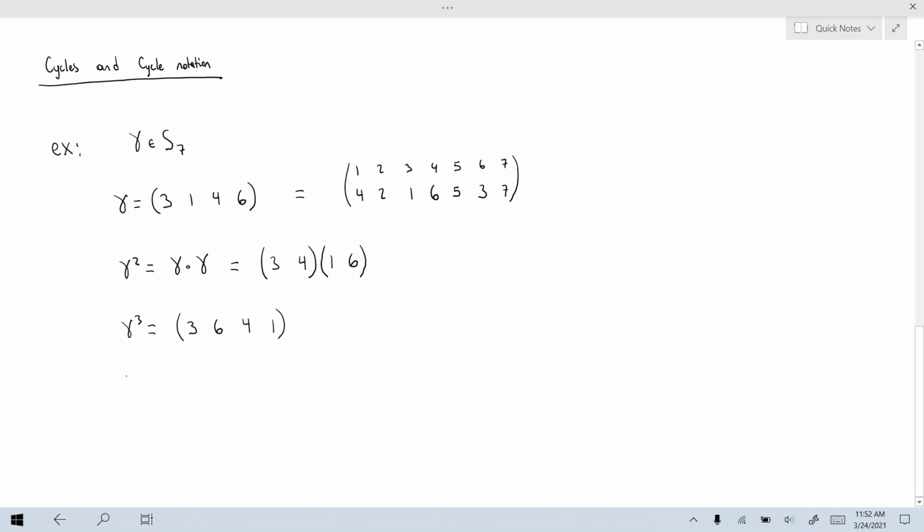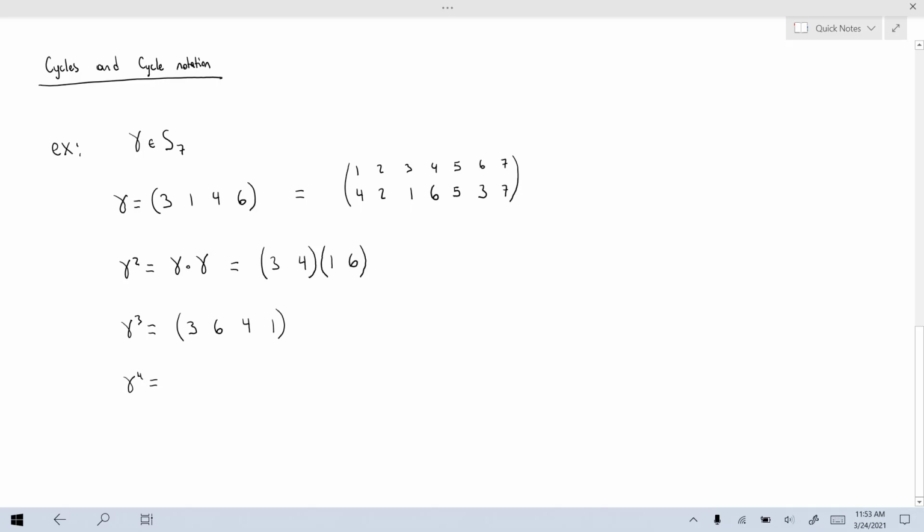Okay. So lastly, what is gamma to a power of 4? That means I'd be moving everything over 4 times. Like gamma to the 4th power of 3: 3 will go to 1, then 4, then 6, and then back to 3. So in other words, 3 maps to itself. You could write it that way, but as I've been saying with 2, 5, and 7, if a number maps to itself, you don't need to write anything for that.